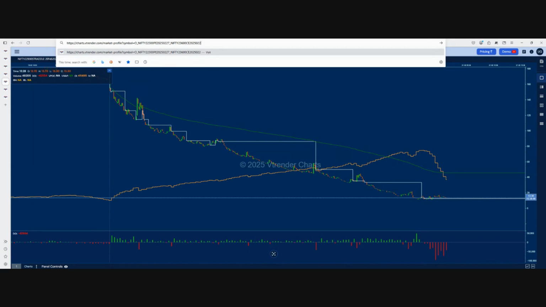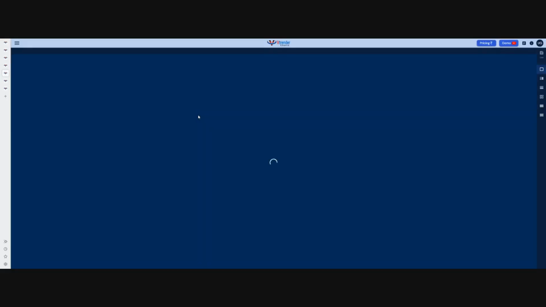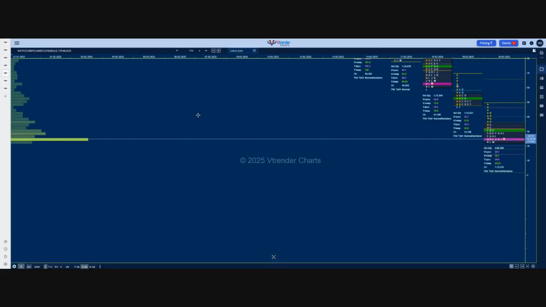You can open up any strangle chart, just select this, change the URL, and so this is how you can open any strangle chart you want. This is the 22,300 put and 23,600 call of next week.